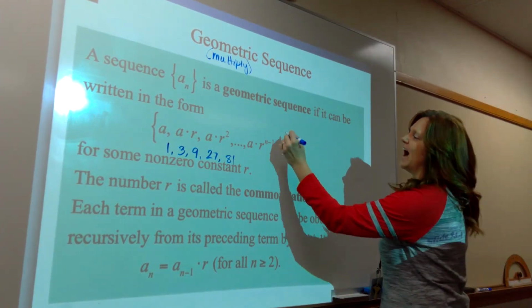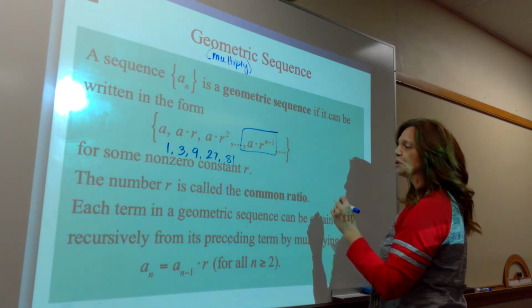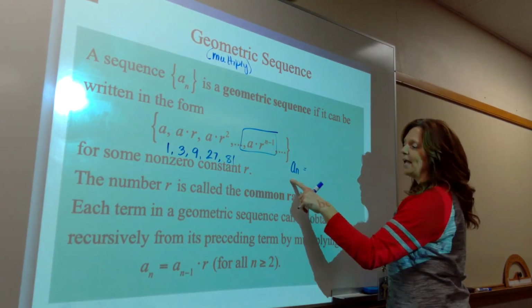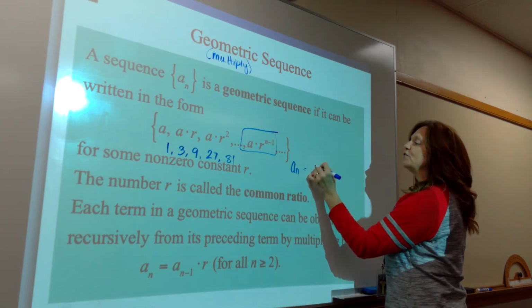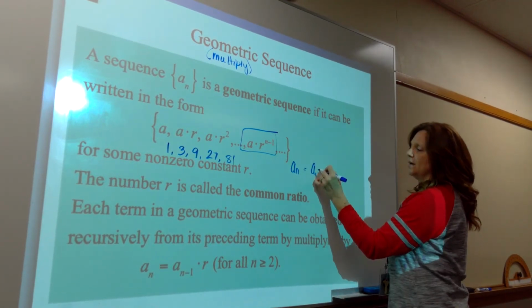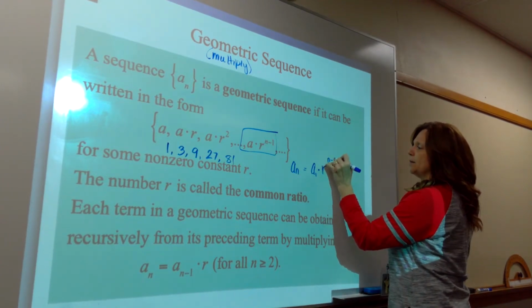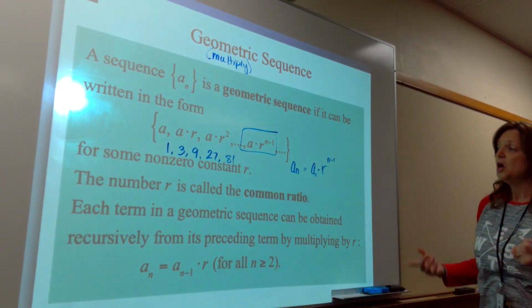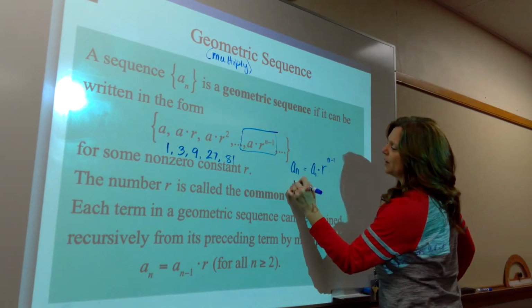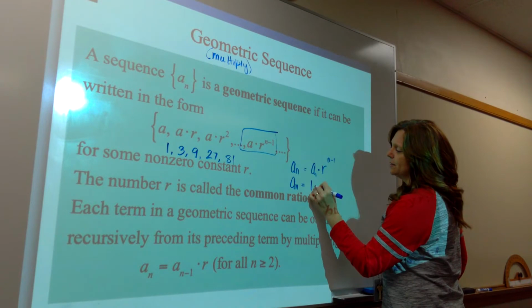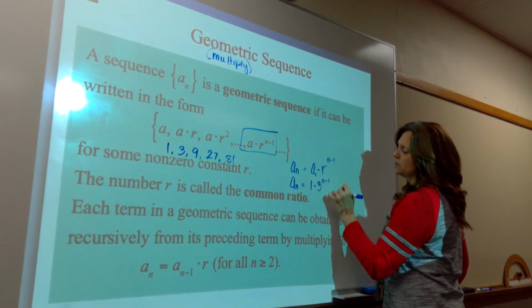So again, this gives you what that explicit rule is going to be. I'm going to be more specific about it. So a sub n is equal to the first term times your ratio to the n minus 1 power. My rule for this one would be any term, a sub n, is equal to 1 times 3 to the n minus 1 power.